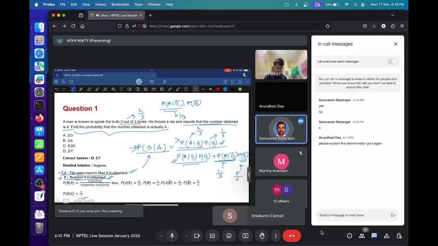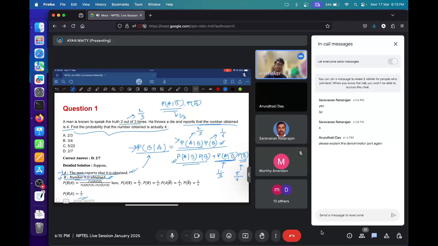Sir, but Bayes theorem is usually probability of B given A is probability of A given B, probability of B with probability of A only, no, sir. That's the Bayes theorem, right? Probability of B given A is equal to probability of A given B into probability of B by probability of A, where probability of A is evidence.